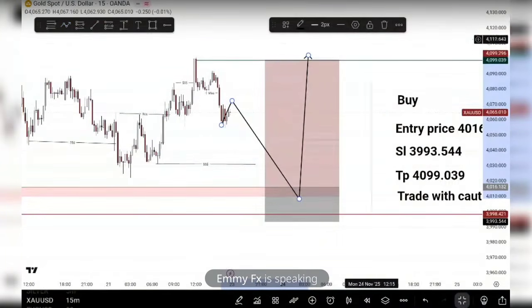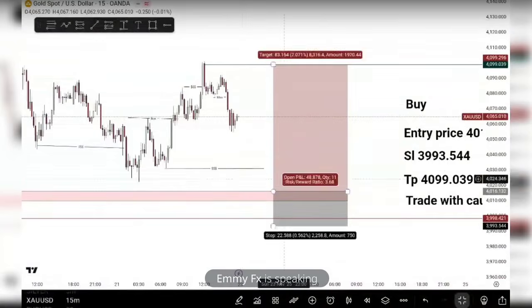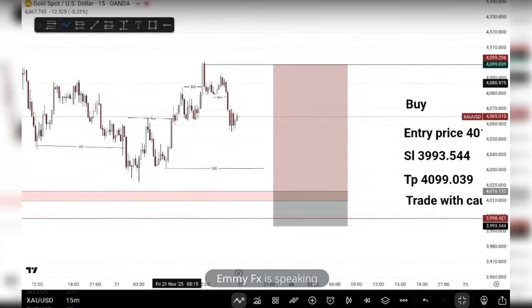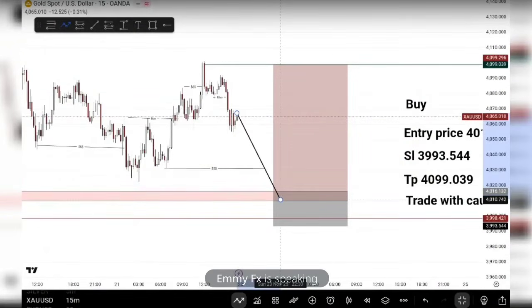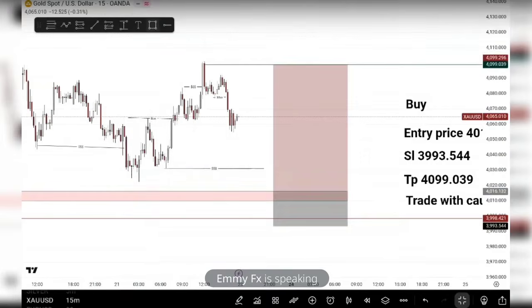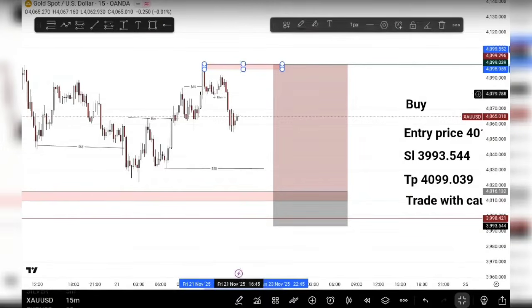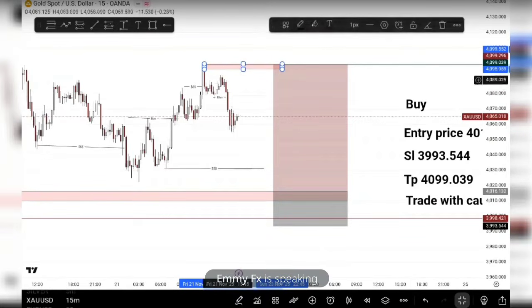So I want the market to return to this demand zone immediately to take out liquidity from this other side. But if you want to look for a sell, use this order block.